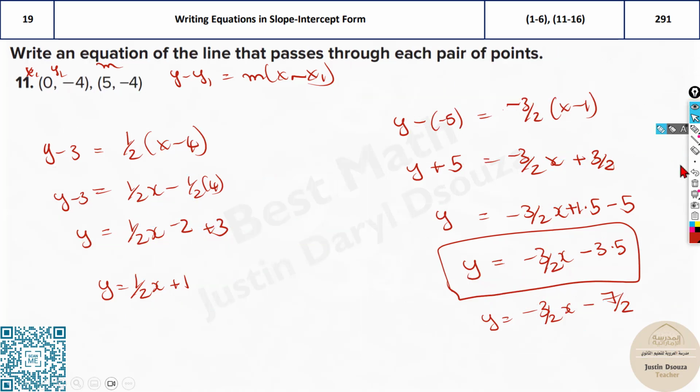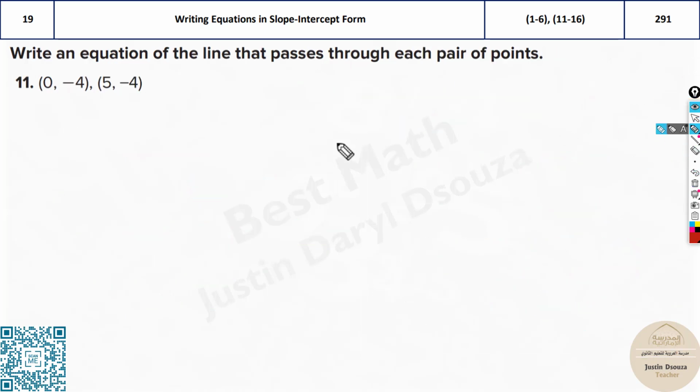And here we have 2 points given to us, and now we need to solve them. Here we have just 2 points, x1, y1, x2, y2. We have one formula, that is the point slope form: y minus y1 equals m into x minus x1. The same thing we just now used. But the problem is we have x1, y1, we do not have m.